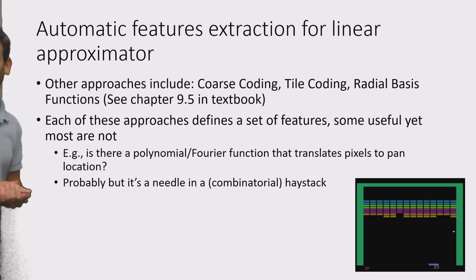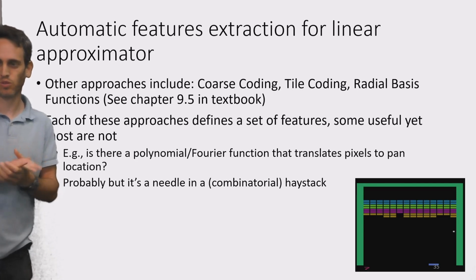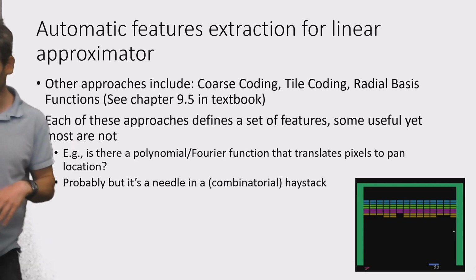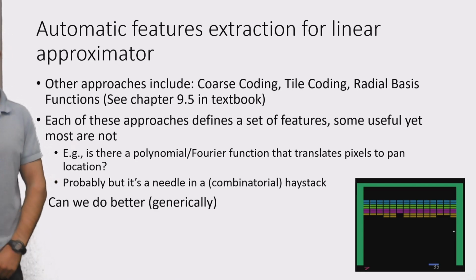For instance, there is a polynomial or Fourier function that translates pixels into pen location. There is a way to do that, but it eventually will be a needle in a combinatorial haystack. You'll get a lot of high-level features that are irrelevant, while having some that might be relevant.